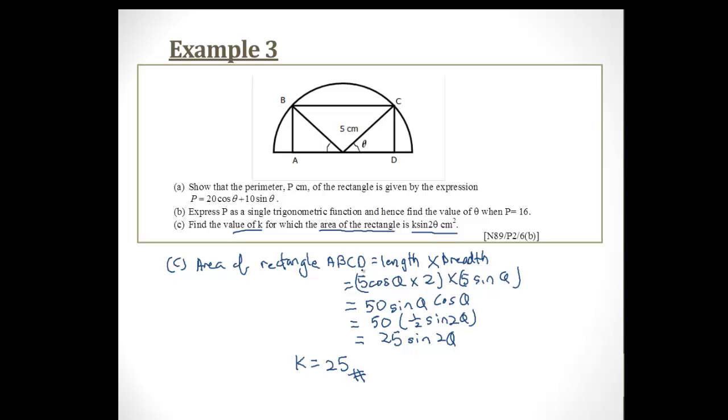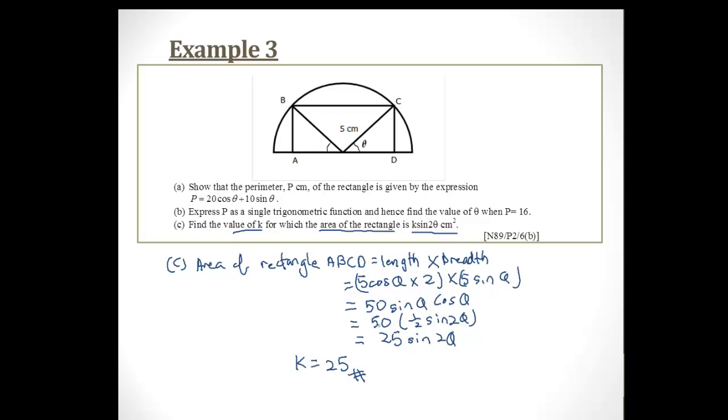Now multiplying the constants, 5 times 2 times 5, I obtain 50 sine theta cos theta. Now since they want my answer to be in a double angle form, I will use my double angle formula: sine A cos A equals half sine 2A.